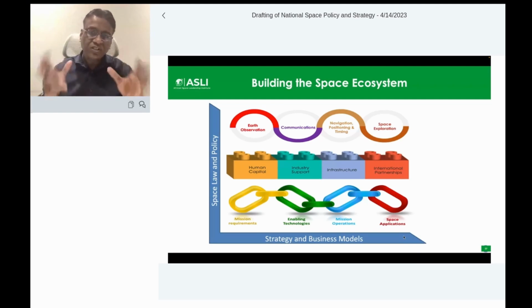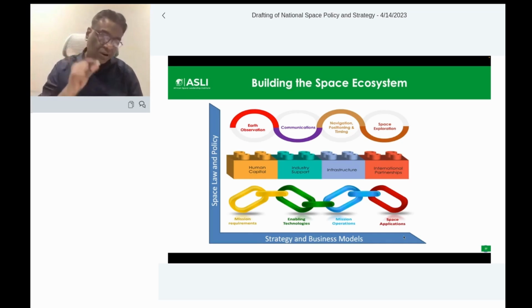If you go try to tamper with building the ecosystem without defining your space law and policy, without defining your strategy and your business model, you're going to have a problem. You're not building a sustainable space ecosystem. And this is one of the reasons why we set up, in exactly realizing this, the African Space Leadership Institute.